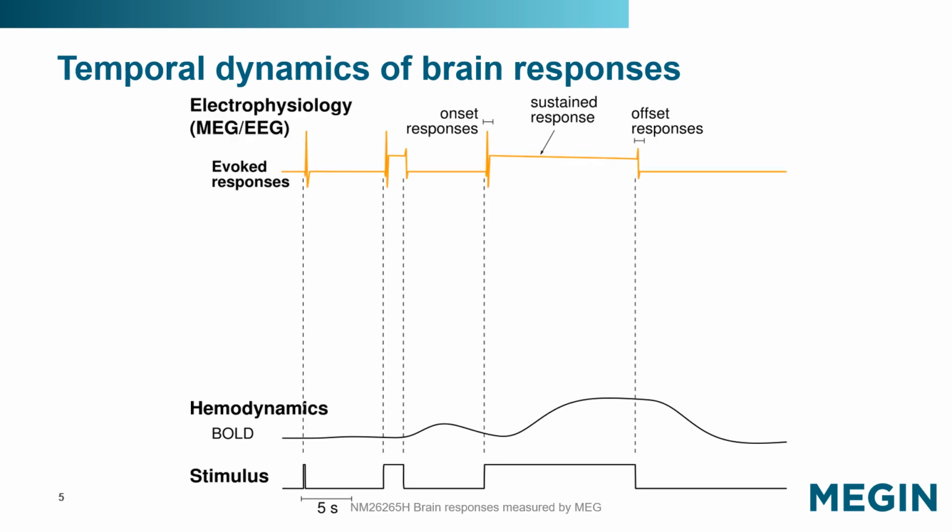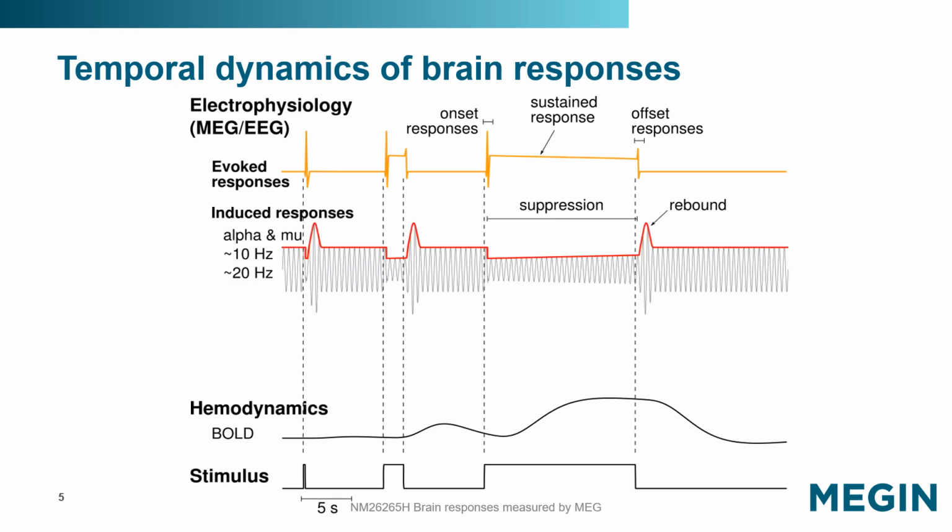In contrast, MEG signals are a direct measure of neuronal activity and can be sampled at very high rates. Fast evoked responses are primarily elicited by stimulus onsets and offsets, with possibly a relatively weak sustained response. Ongoing oscillatory activity seen by MEG, mainly alpha around 10 Hz and mu around 10 and 20 Hz, may undergo suppression and rebound modulation, whose time course is more comparable to that of BOLD.